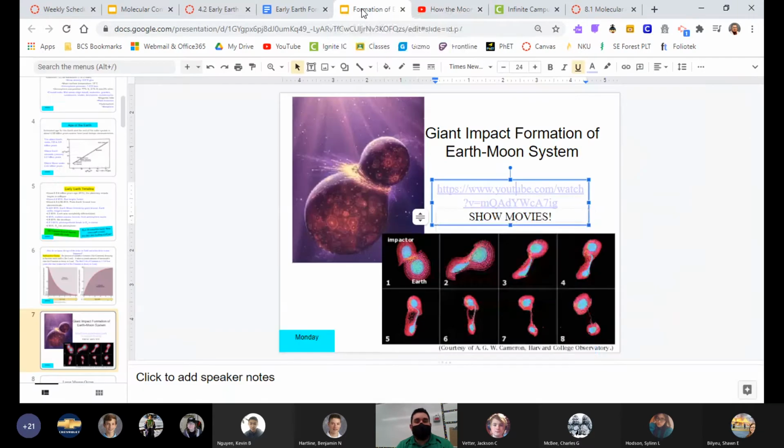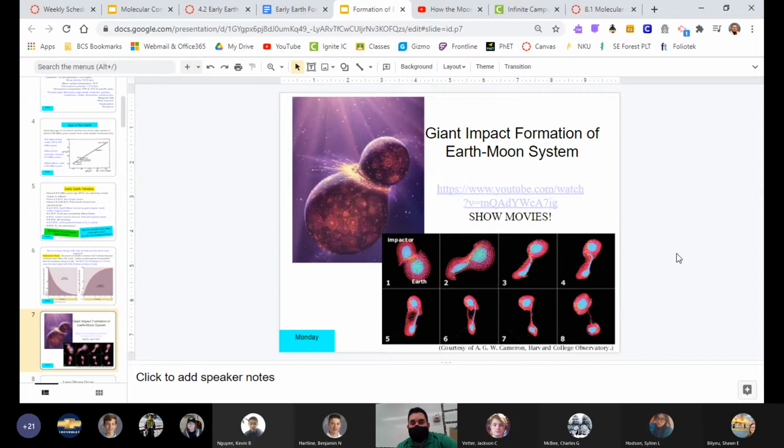So how did Earth perform? Remember we talked last week about the giant impact of the Moon and Earth system. We talked about how the ratio of the size of the Moon compared to Earth is really large, and it doesn't make sense that the Moon would get trapped into our gravitational field, being as big as it is.